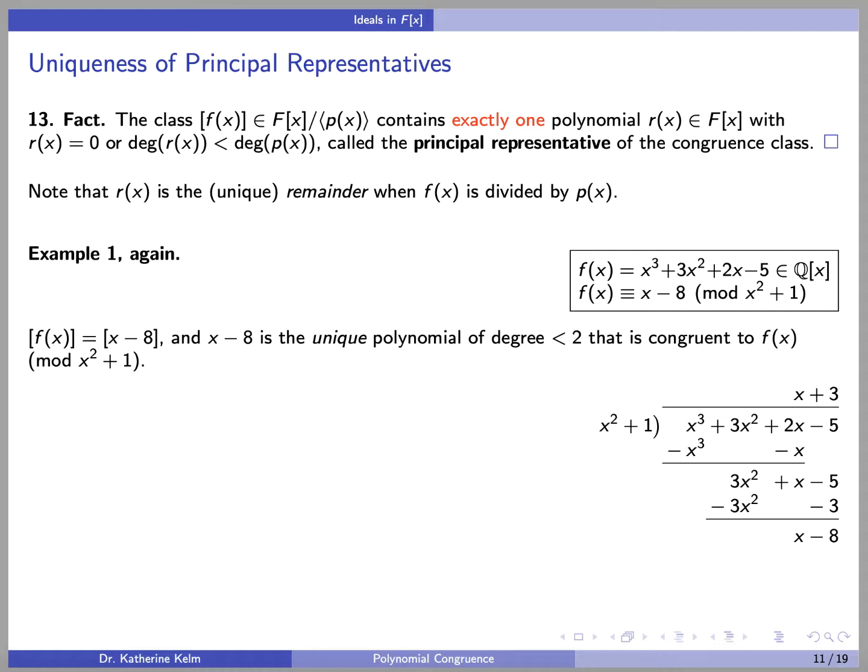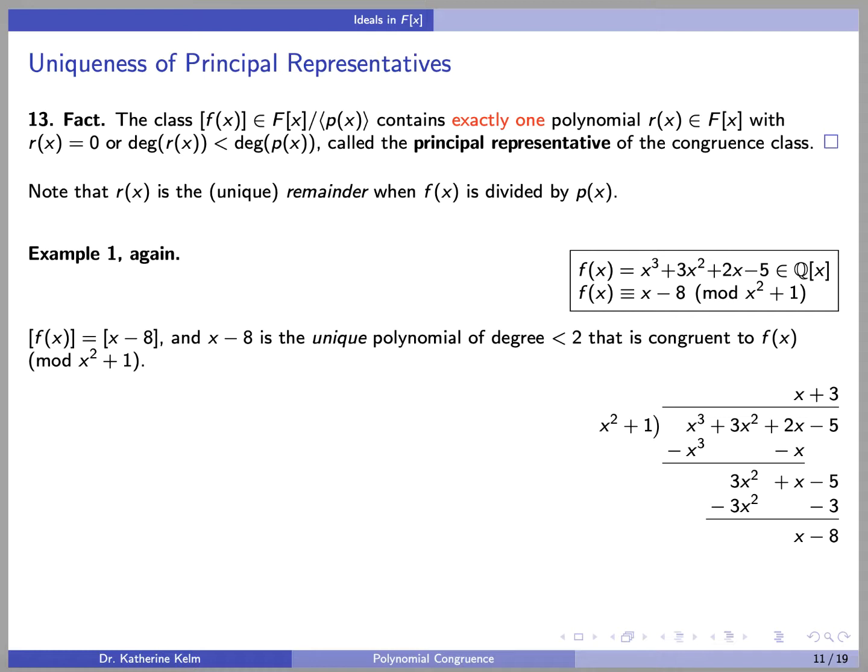So looking at example 1 again, this is the one where f of x is equal to x cubed plus 3x squared plus 2x minus 5 with coefficients in Q. Let p of x be equal to x squared plus 1. That's our modulus polynomial. We saw that f of x is congruent to x minus 8 mod x squared plus 1.